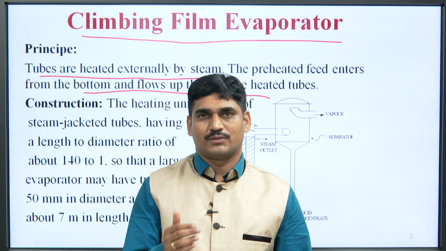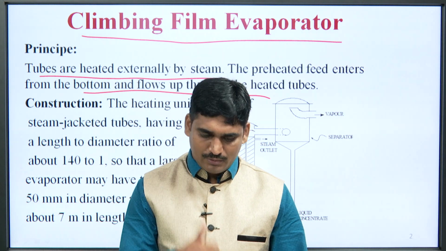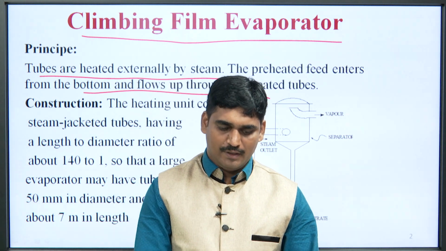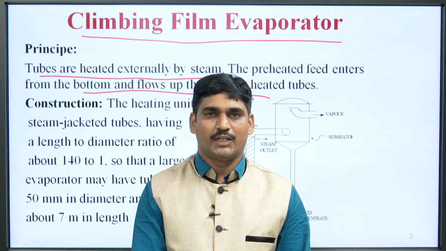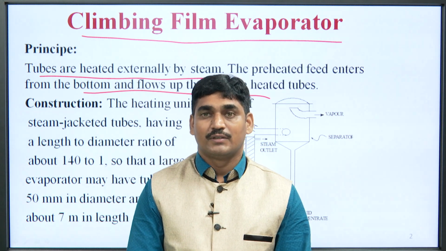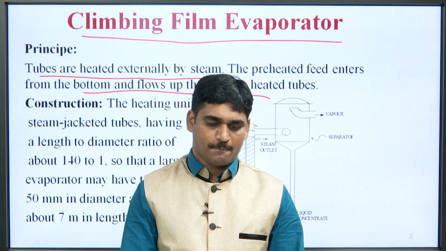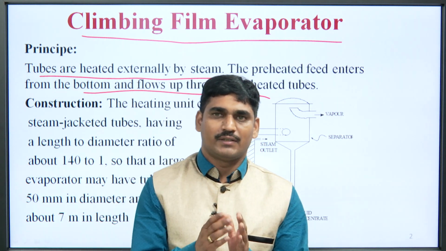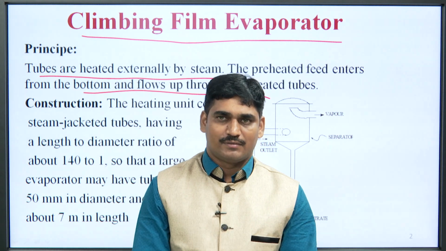The ratio of length to diameter is 140 to 1. So, a large evaporator may have tubes of 50 mm in diameter and a length of about 7 meter. The second part of this evaporator, one is the heating unit and the other one is the separator.